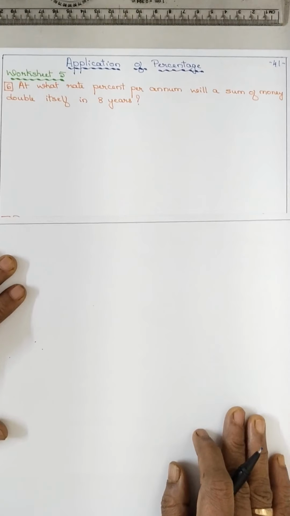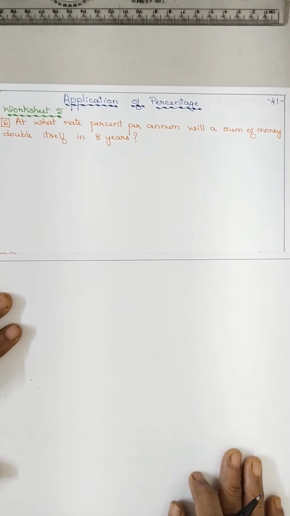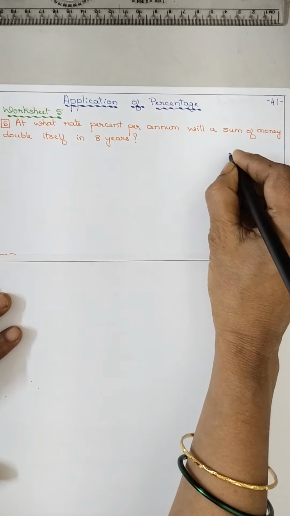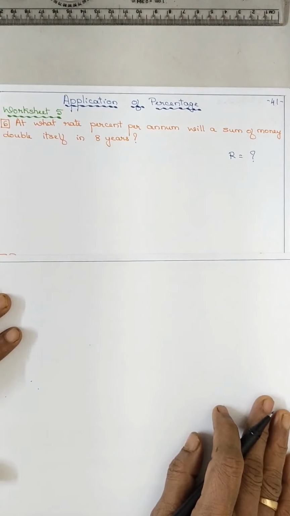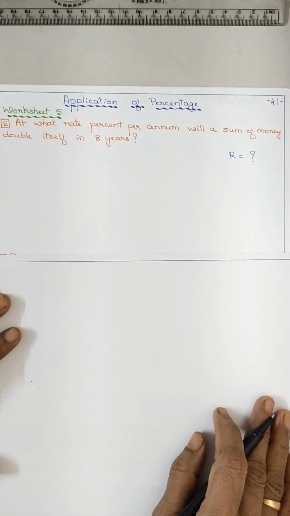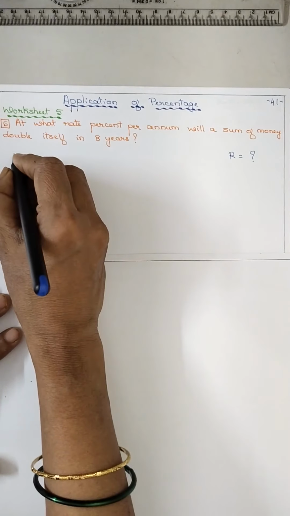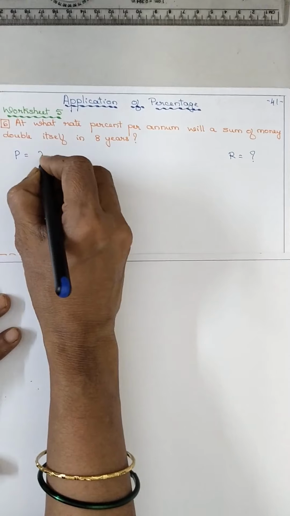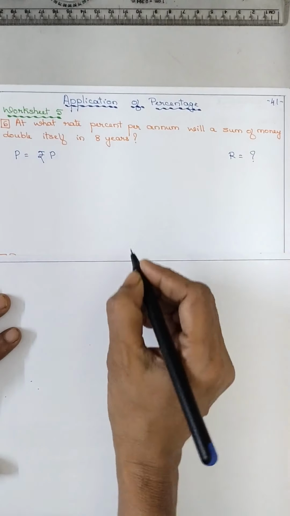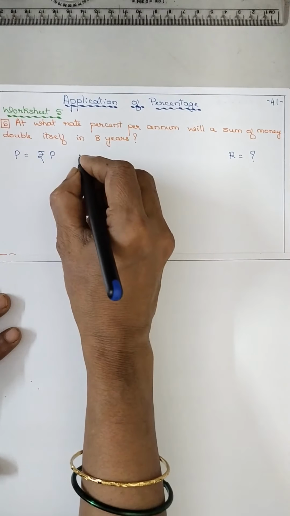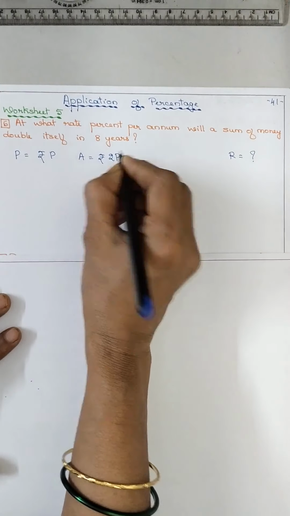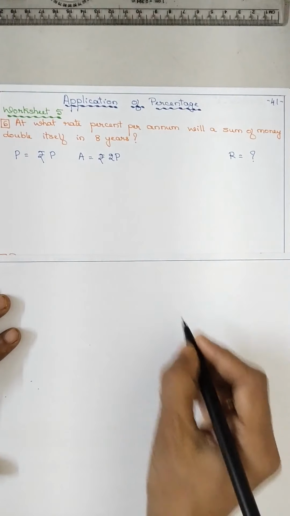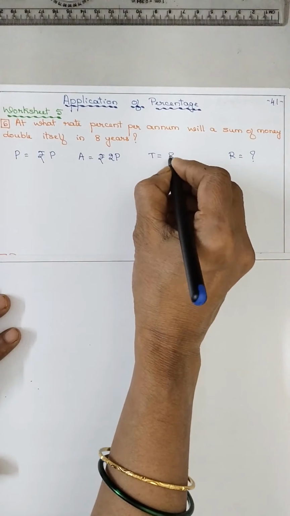Rate of interest, that is R. R is equal to how much? A sum of money will double itself. So the sum of money, that is principal, is equal to rupees P. It will double itself, means amount is equal to rupees 2P, and the time is 8 years.